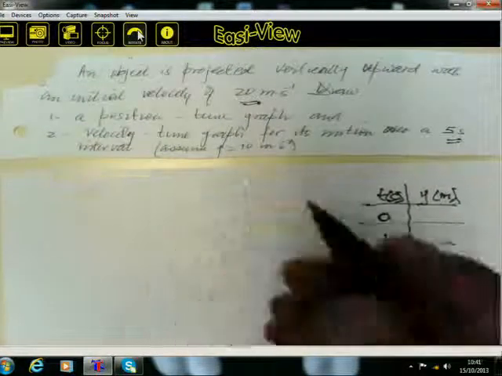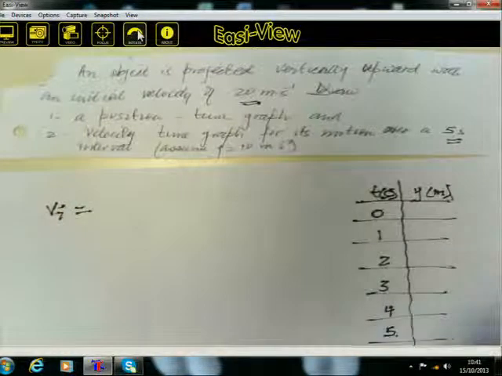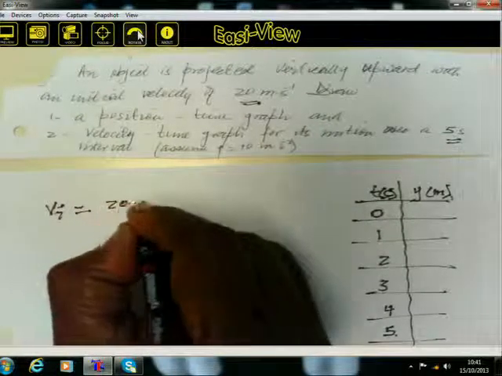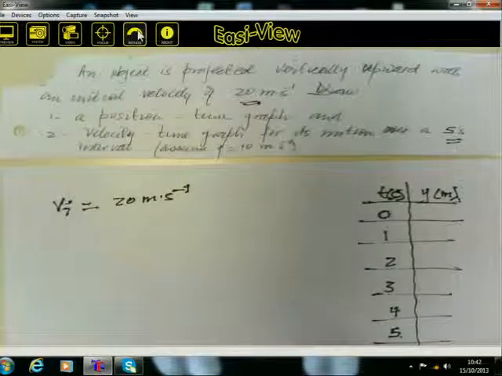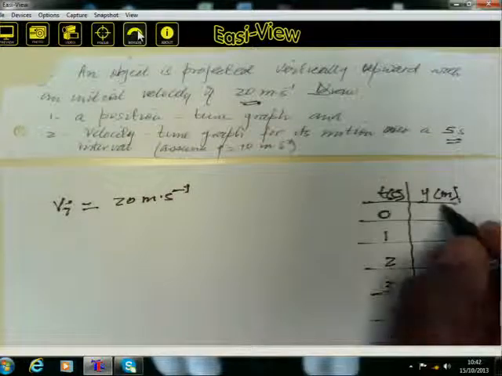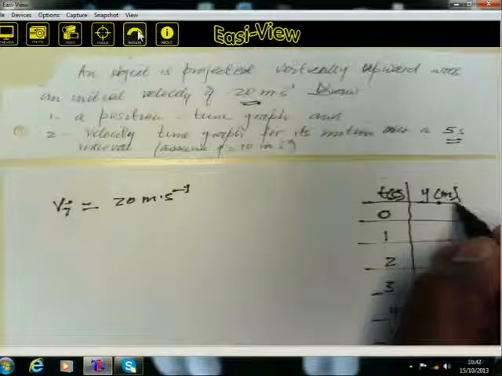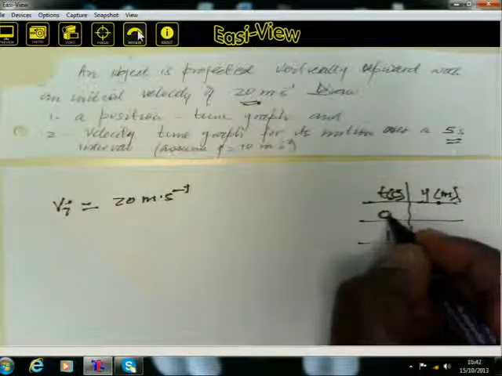We know that according to the question, the initial velocity of the object, Vi, is equal to 20 meters per second, and therefore we want the distance that the object will have traveled at these times.